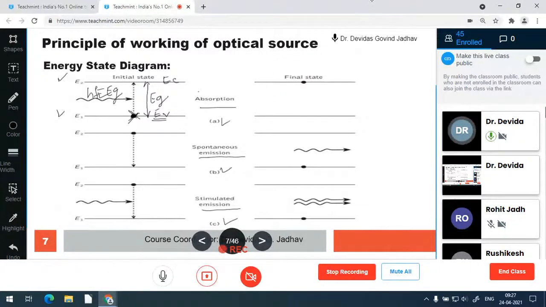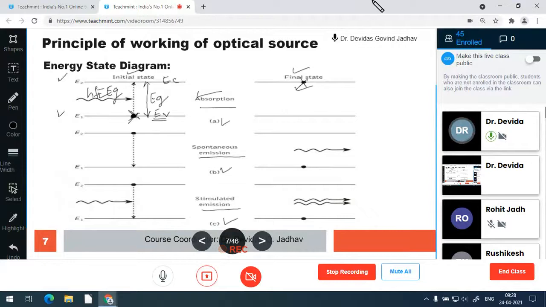So this is absorption. The photon gets absorbed, and the energy is given to the charged particle to go from one energy state to another. This is the initial state. After absorption of the photon, this is the final state. The electron goes from the valence state to the conduction state. So this is the absorption of the photon.